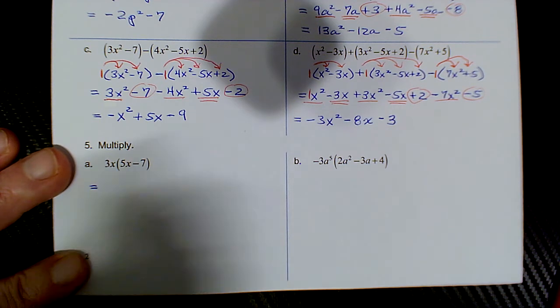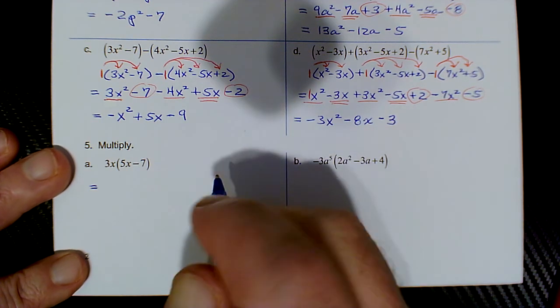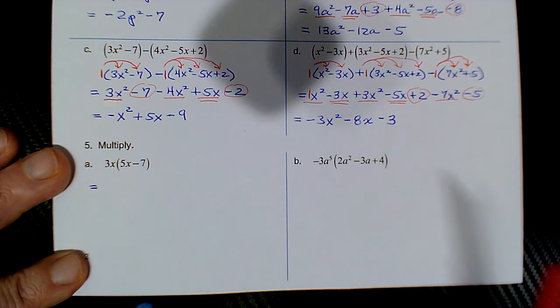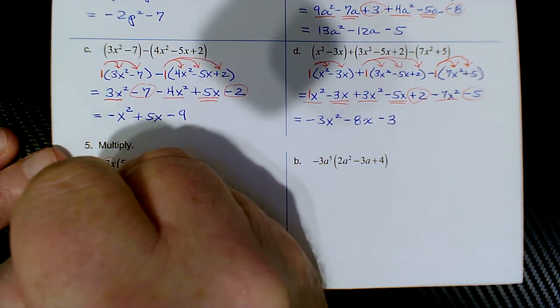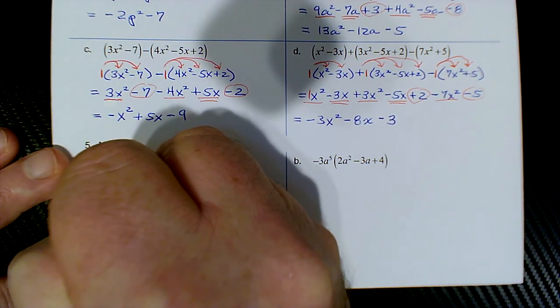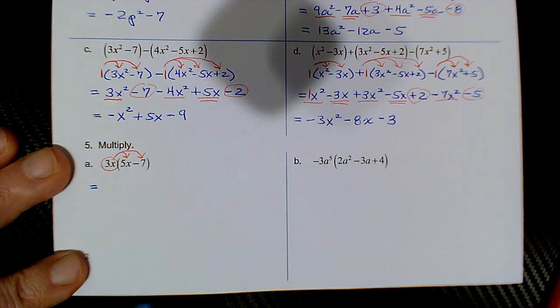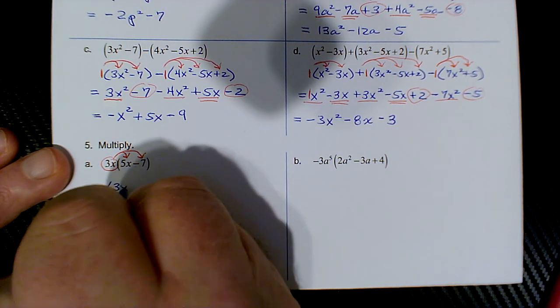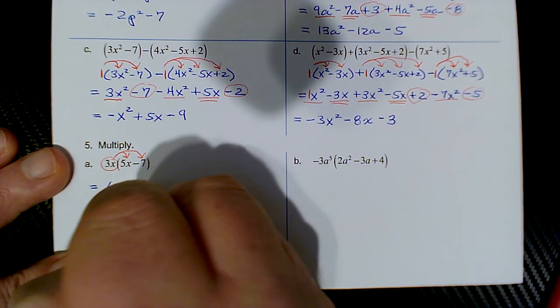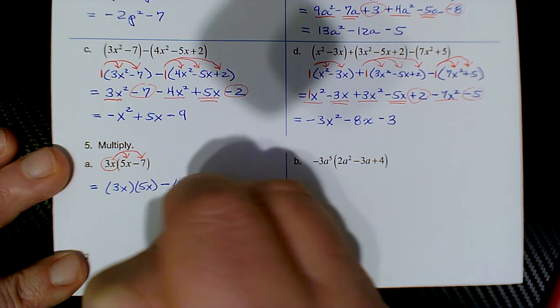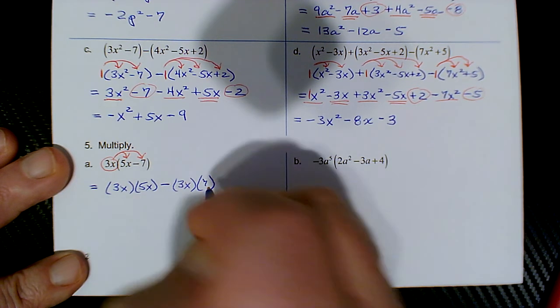So this 3x is being distributed to the 5x and to the negative 7. Now, if I write an intermediate step here, like 3x times 5x minus 3x times 7, it makes it look much more cumbersome.